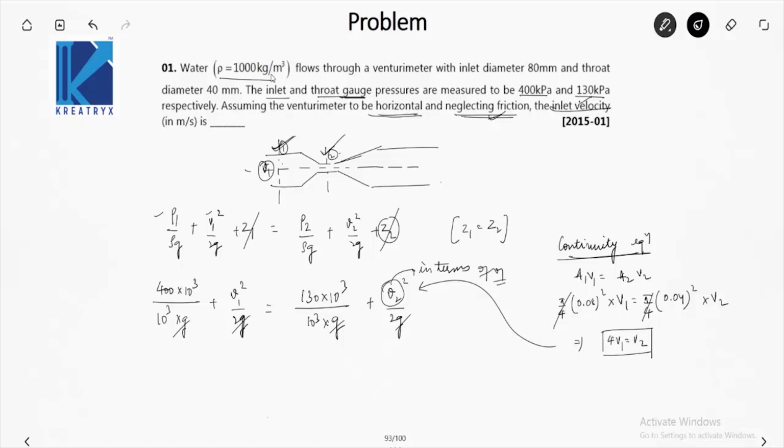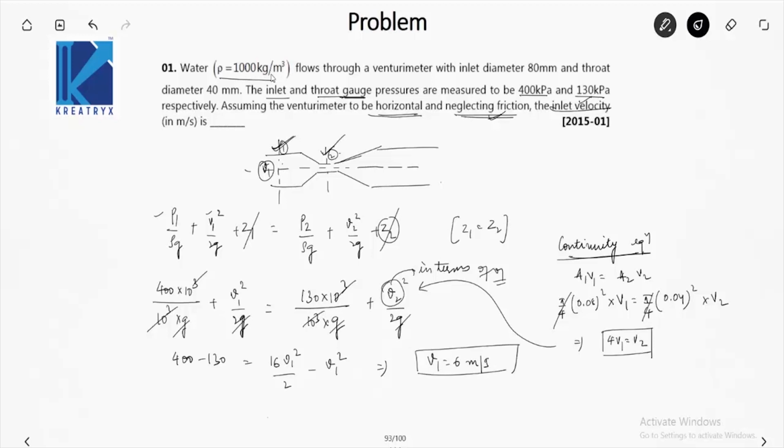So this gets cancelled out. 400 minus 130 is equal to, since V2 is 4 V1, 16 V1 square by 2 minus V1 square. Solve it. You will get V1 is equal to 6 meter per second.